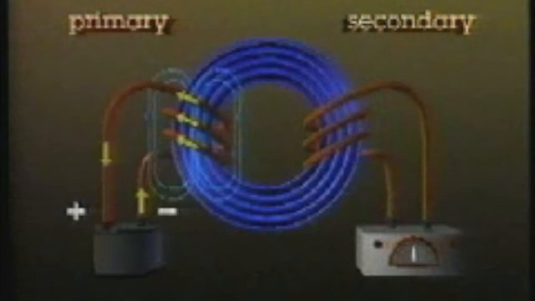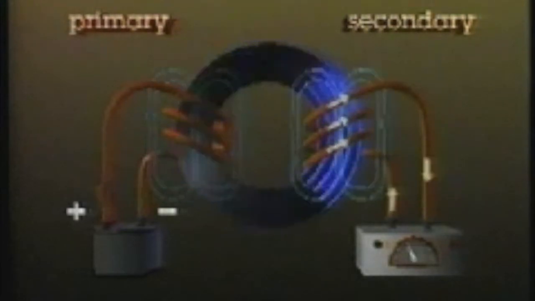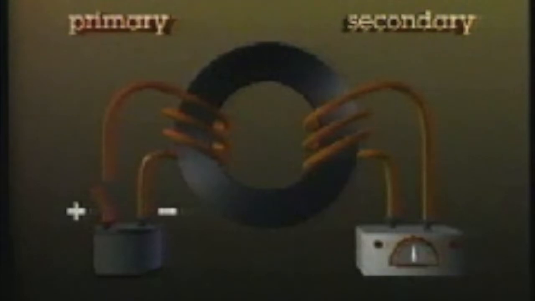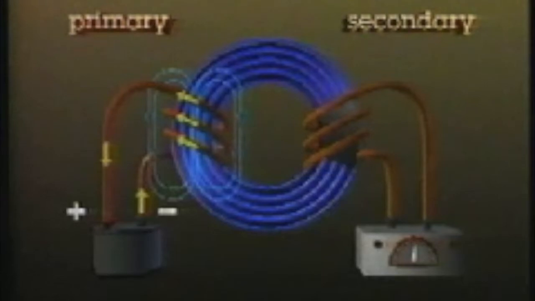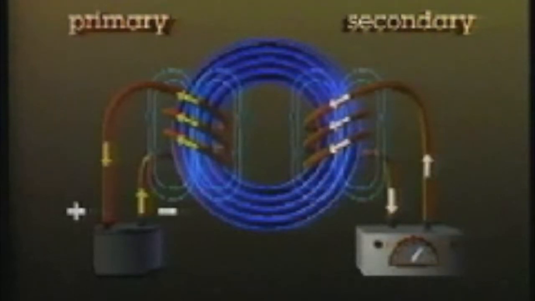Faraday recognized that connecting the primary coil to the battery causes a magnetic field to build up within the iron ring. As the field grows within the ring, it induces a current to flow through the secondary coil. Once the field in the ring is at full strength, it is no longer changing within the secondary coil.